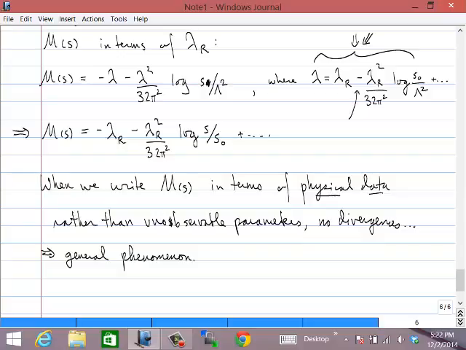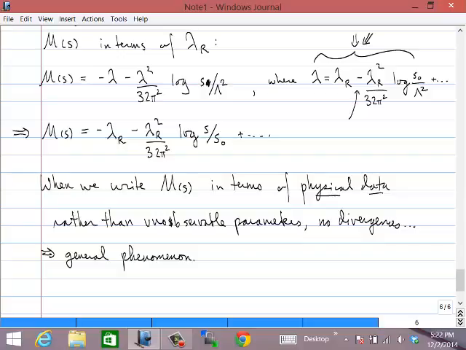Non-renormalizable theories are fine as effective theories that are valid up to some energy scale. But what they don't do is allow you to make predictions in a useful way, because you need to specify an infinite number of parameters as you get up to some energy scale.